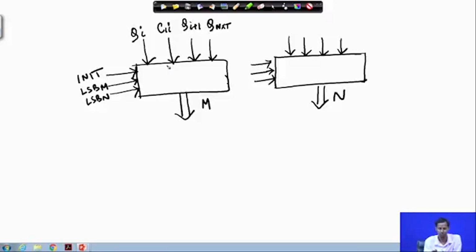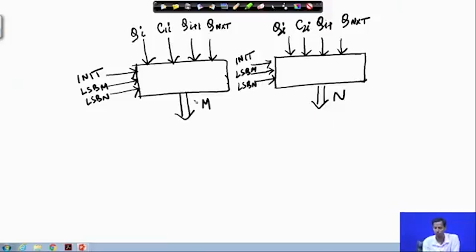Again it will be Qi, this will be C2i, this will be Qi plus 1, and this will be Q next. This is init, LSB m, LSB n.